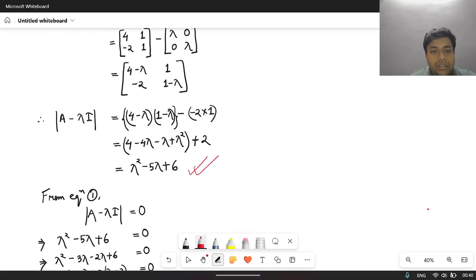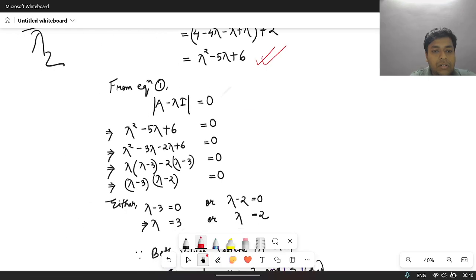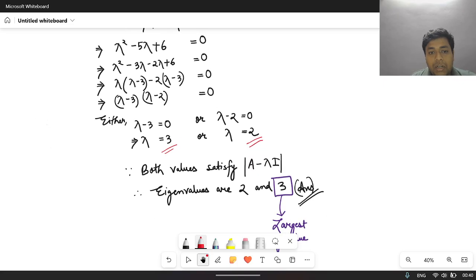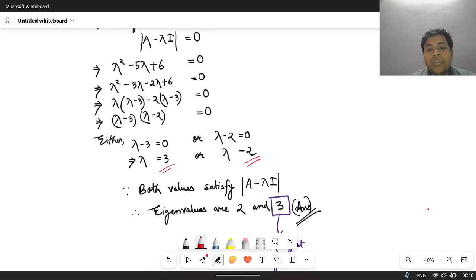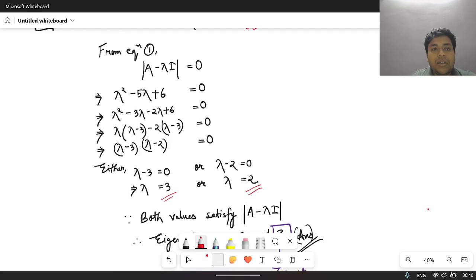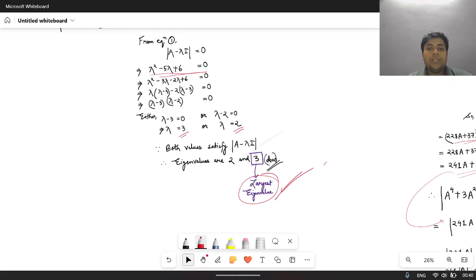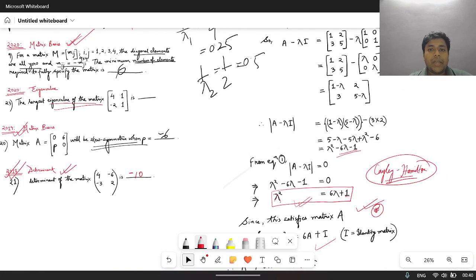Okay, I found this. So I equated this and I found lambda is equal to 3 and 2. Now just check if both the values satisfy this equation. Substitute both and check, and if both satisfy it, the largest value is your answer.